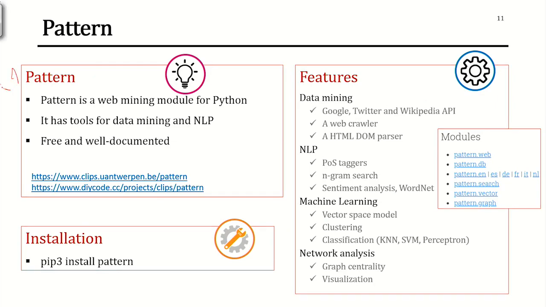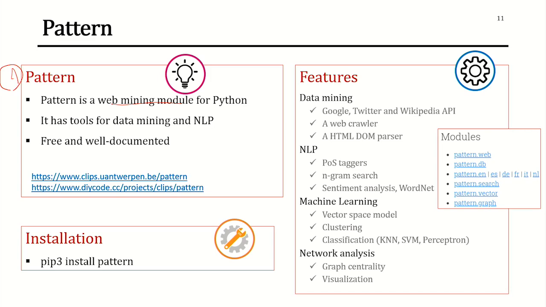So next we will talk in a little more detail about some well-known libraries to perform NLP. The first one here is Pattern. It is actually a web mining module for the Python programming language, and it has many tools for performing data mining as well as NLP. And as we have seen on the existing software, it's free for use.